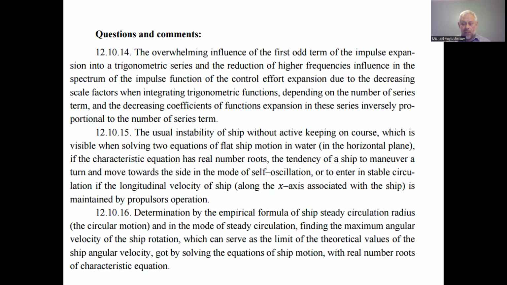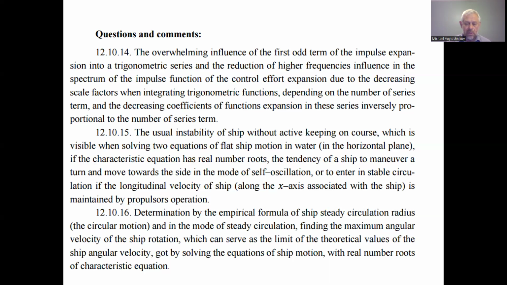For example, with no control, the radius of steady circulation of a ship is a characteristic not of the control system but of the ship itself. This finding we can do by the empirical formulas available, because the theoretical solution opportunities are limited due to the fact that this solution would be of non-linear ratios.